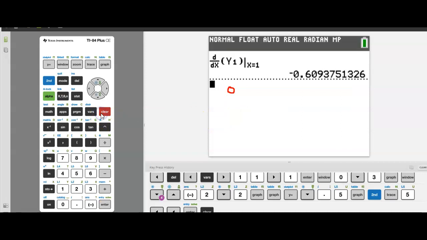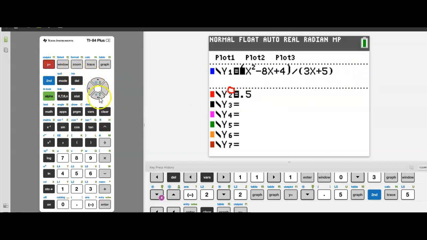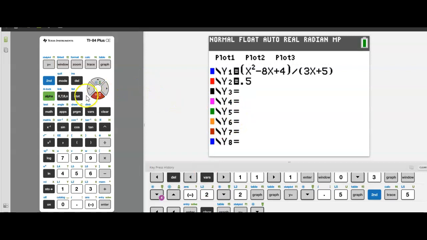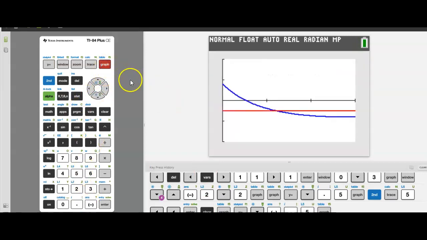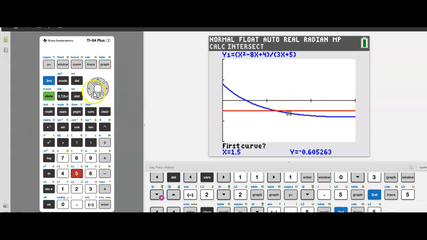So let's do that. Go back to our y equals. I'm going to go ahead and delete this 0.5 here, and I'm going to put in its place -0.5. Now let's graph that. And here, the velocity equals -0.5 also.